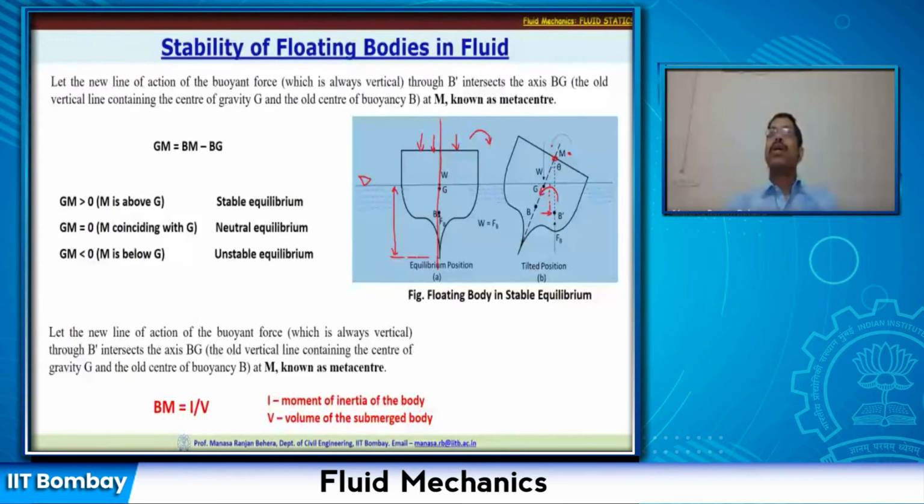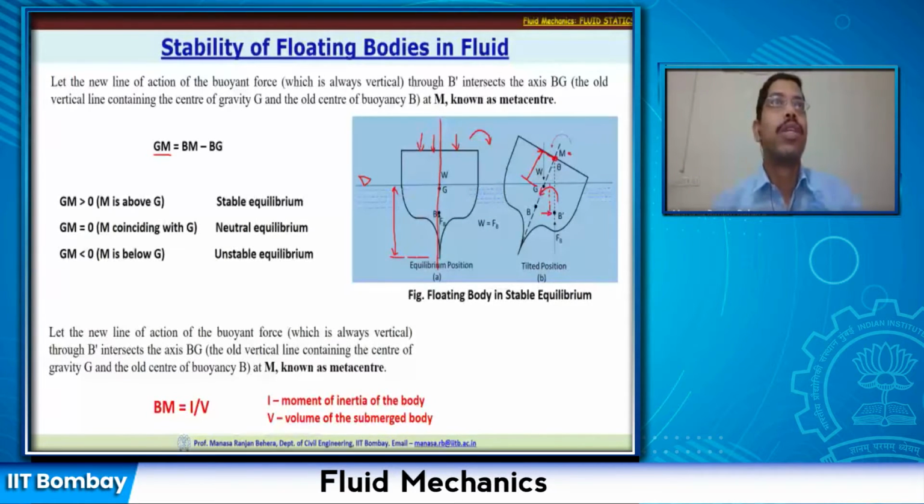Now, when will that arise? You see here, we have some distance called Gm. This Gm is nothing but the distance between the center of gravity and this metacenter. Please understand that the surface of this vessel and the metacenter are not the same, it could be different.